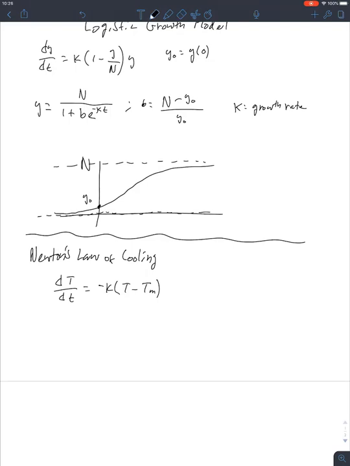And to solve this, the solution is T is equal to C, which is again some arbitrary constant, e to the negative kt plus T sub m. And again, T sub m is the surrounding temperature.